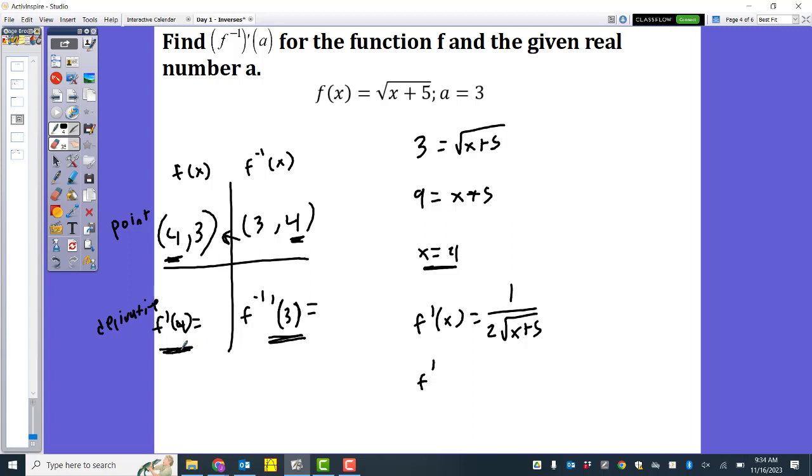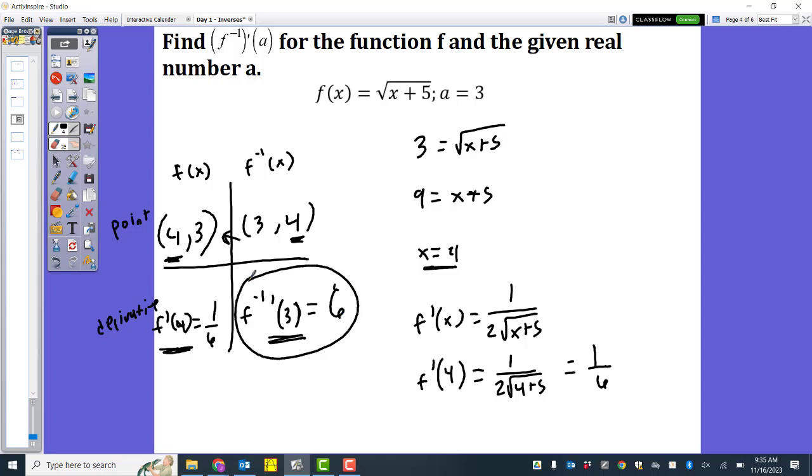So we'll plug in 4, 1 over 2 square root 4 plus 5. 4 plus 5 is 9, square root of 9 is 3, 3 times 2 is 6, so we get 1 over 6. So our derivative at 4 is 1 over 6. Now, these points are corresponding, which means these derivatives should be corresponding, so they're going to just be the reciprocal. So our inverse derivative at 3 is going to equal 6 here.